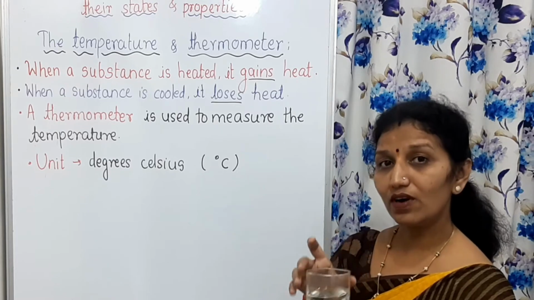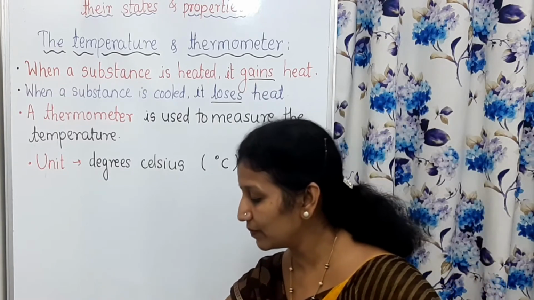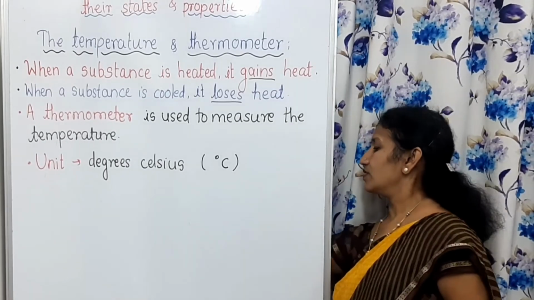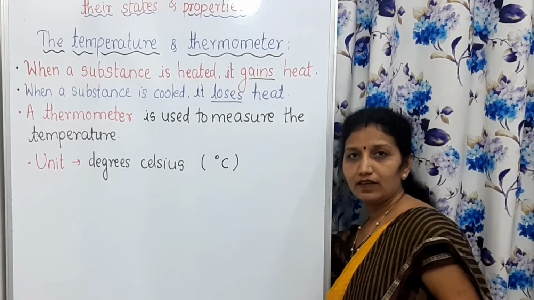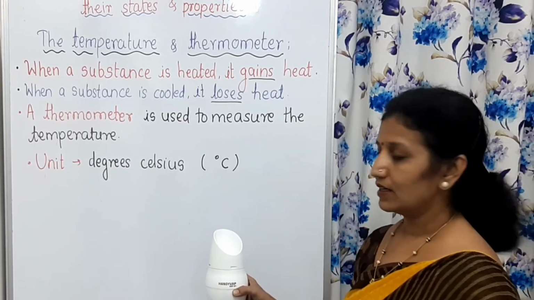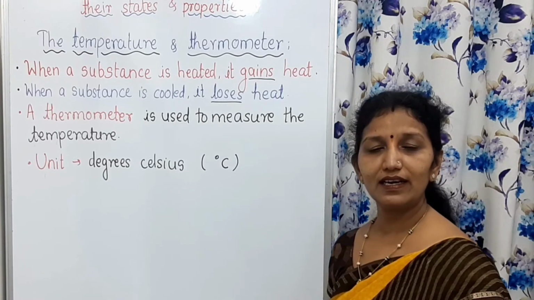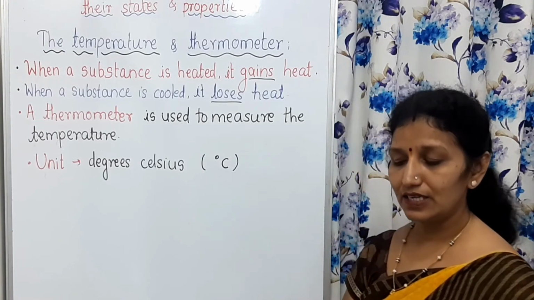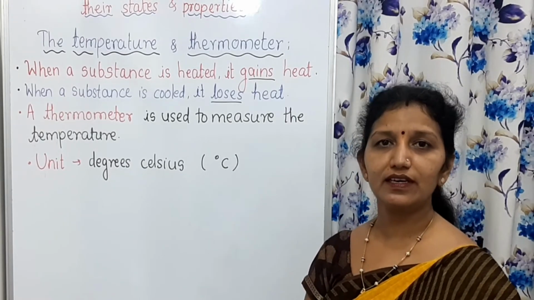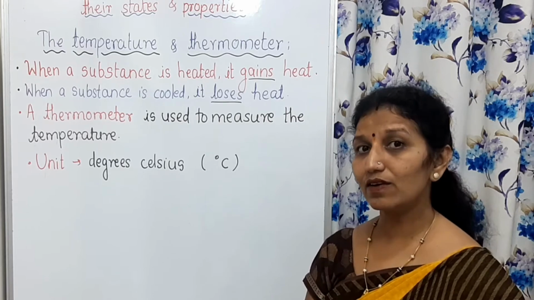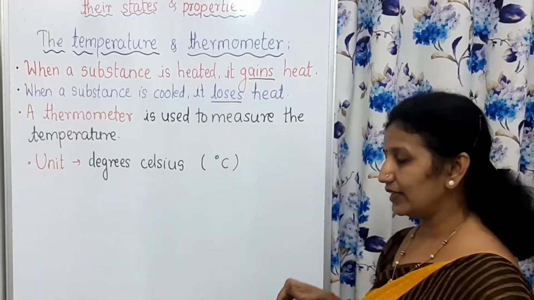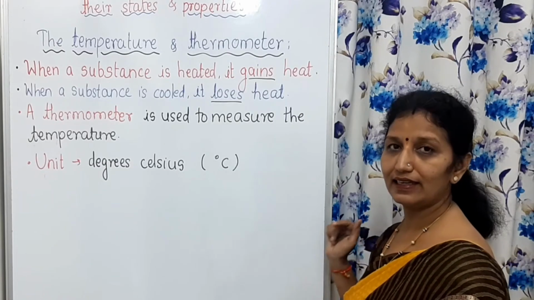But for hot liquids, it is not the proper method, because if the liquid is very hot, what will happen? If there is boiling liquid, there are vapors coming out of that liquid. It will cause harm to your finger. It will burn your finger, or there will be scalding of that finger. That's why we should avoid putting the finger or the hand in that water.